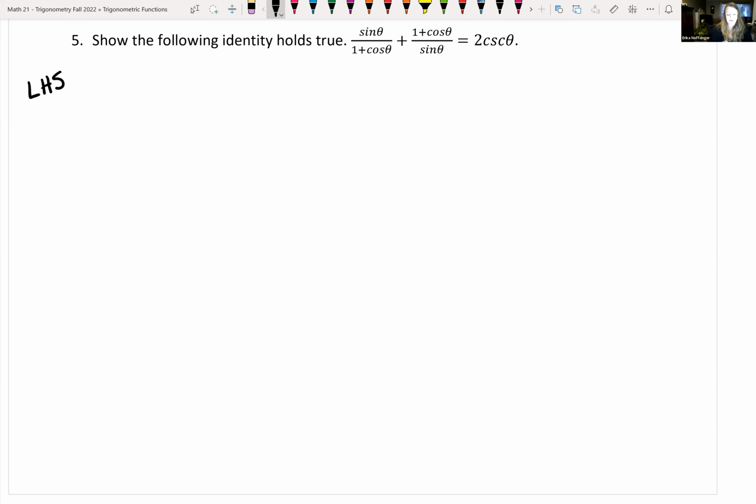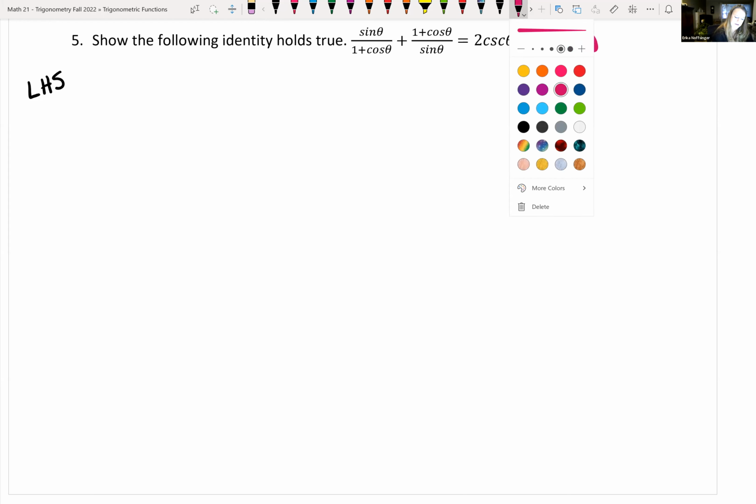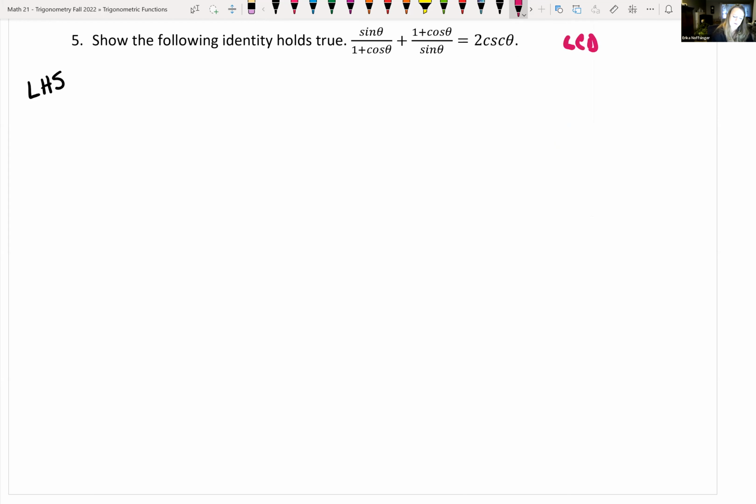So I'm going to get a common denominator. My least common denominator here, I can see, is sine theta times the quantity 1 plus cosine theta. For that first fraction, I'm missing sine theta in the denominator.